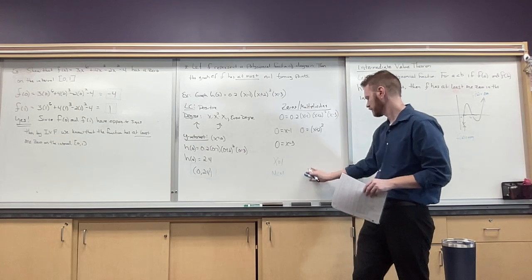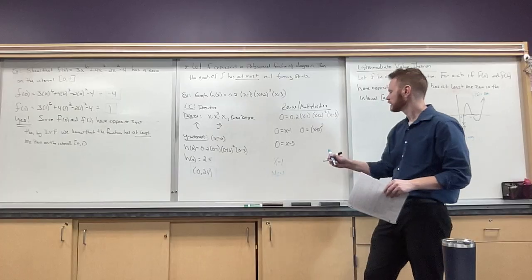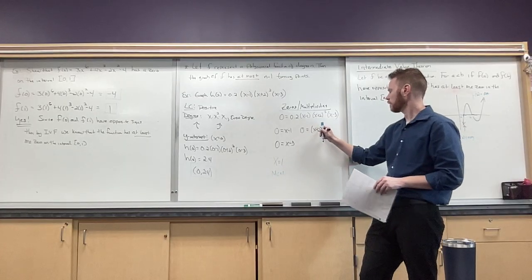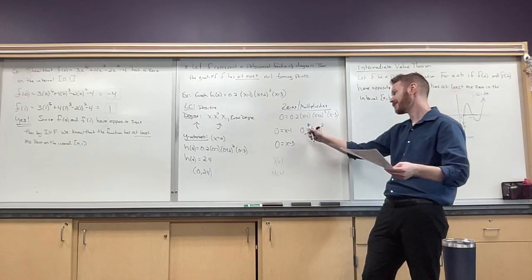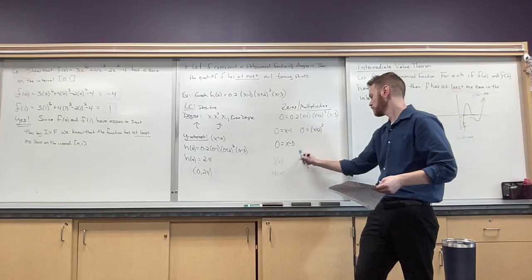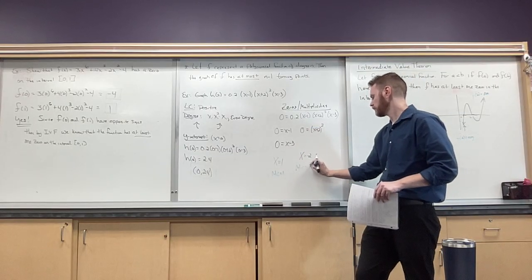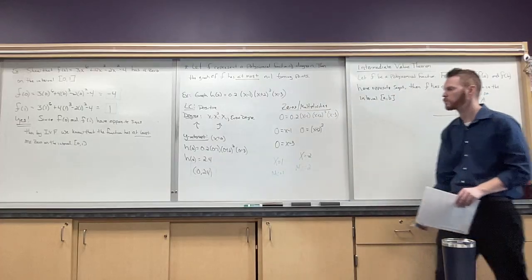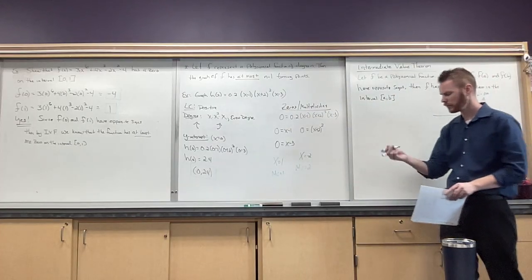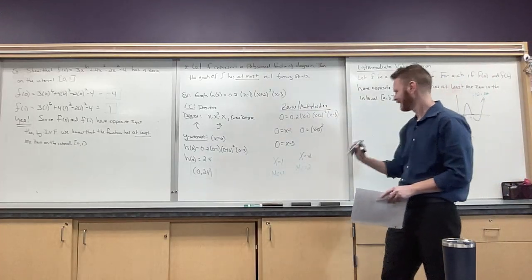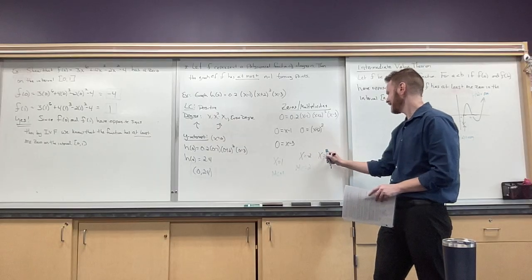This marker's dying. I like this color too. Okay, next one over here. If I take the square root, that's still 0. Subtract 2, so x equals negative 2. And that has a multiplicity of 2, because our power was originally a 2. One more. Add 3 to the other side.